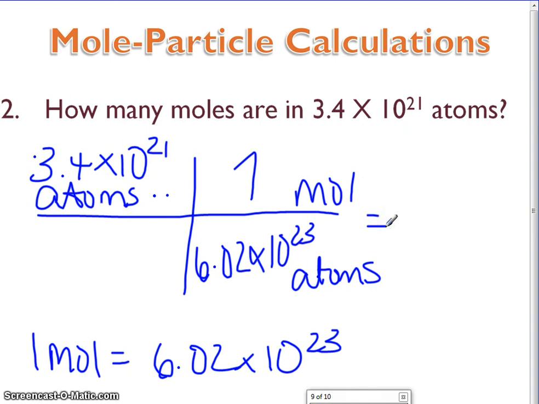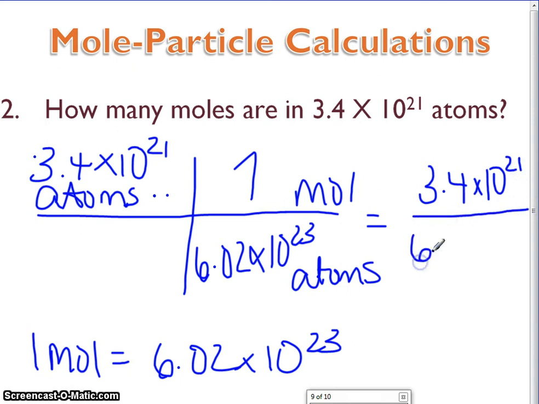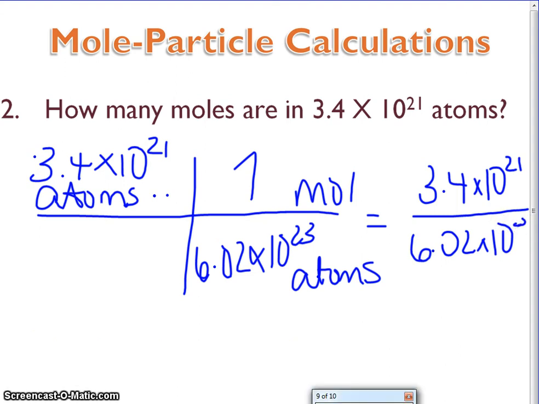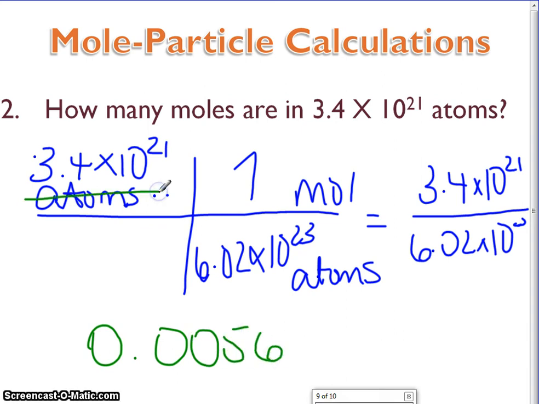Except this time what we do is we multiply across. 3.4 times 10 to the 21st times 1 is 3.4 times 10 to the 21st, over 6.02 times 10 to the 23rd. When you divide, you'll get 0.0056. Since atoms canceled out, what we were left with was moles.